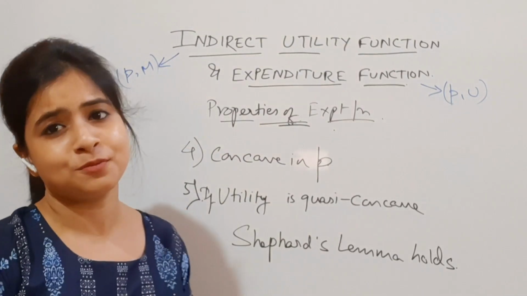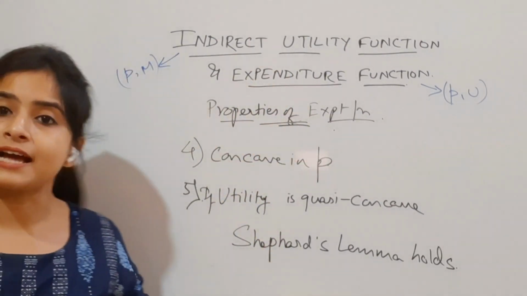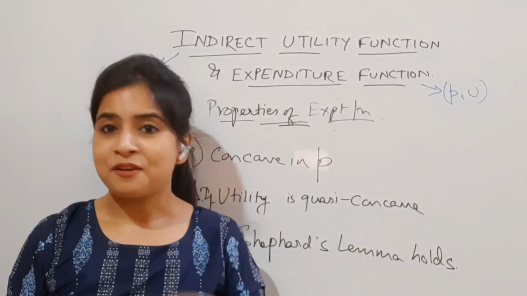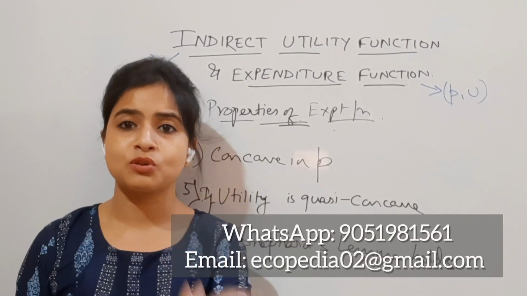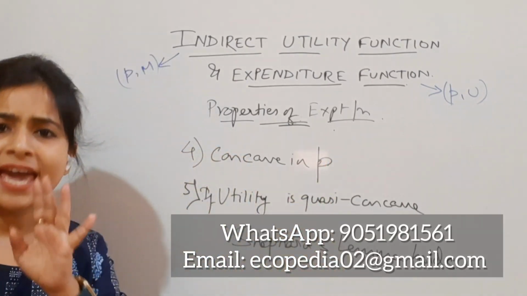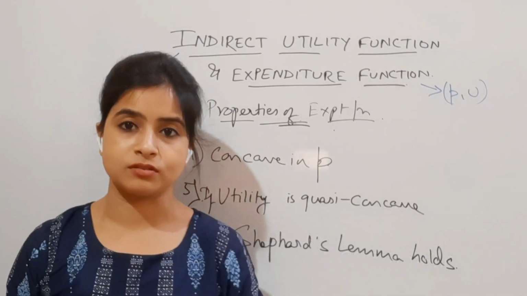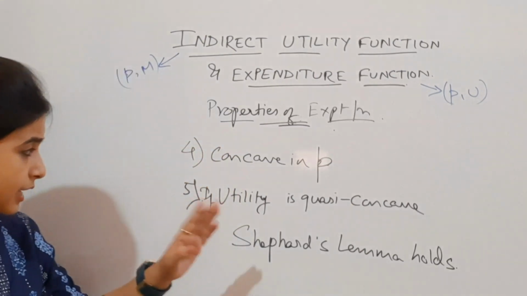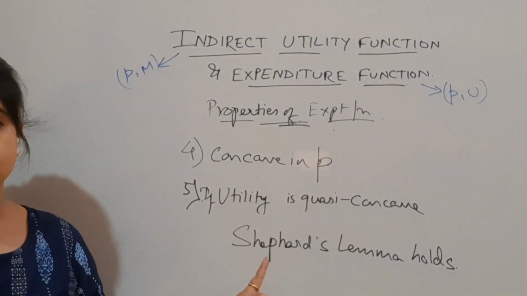There is an important proof which relates the expenditure function and Shepherd's lemma. This proof often comes up. Any exam you pick up, your university exam, your college exam, your competitive exam, the proof of this last property is so important. So please mark it as number one priority if you are practicing for proofs.